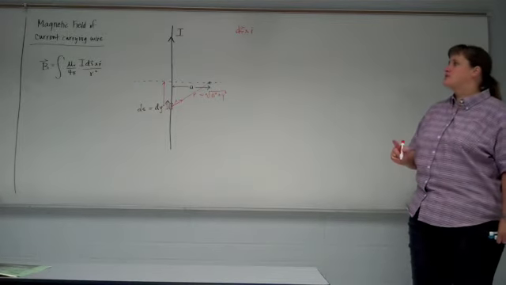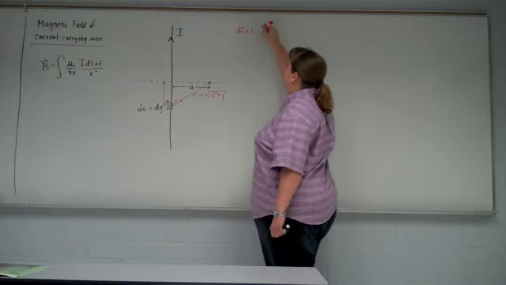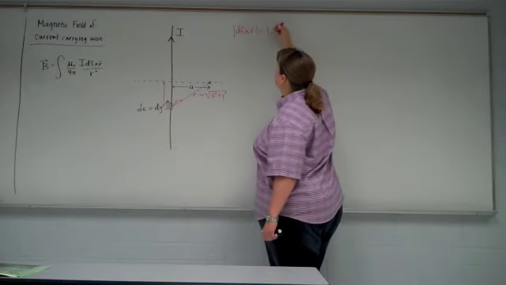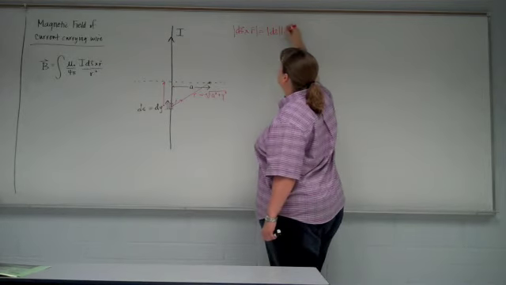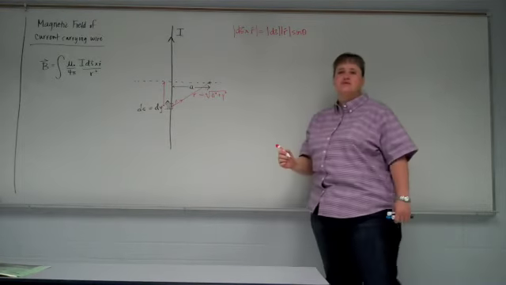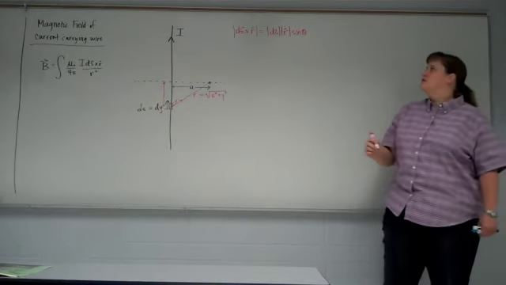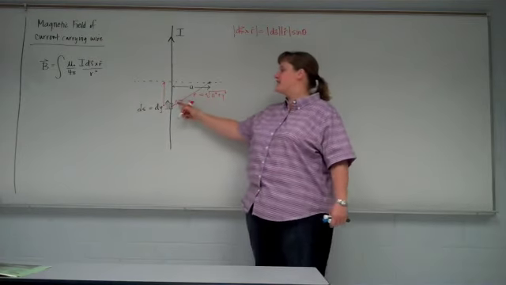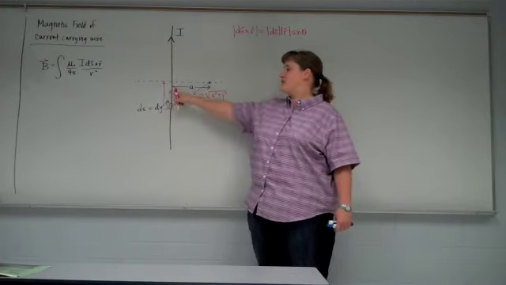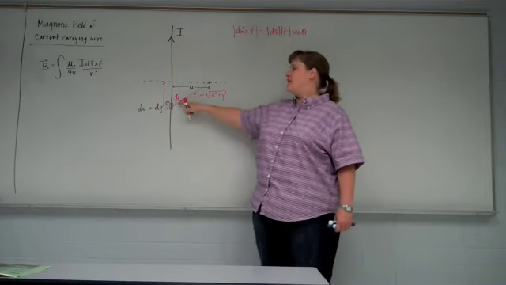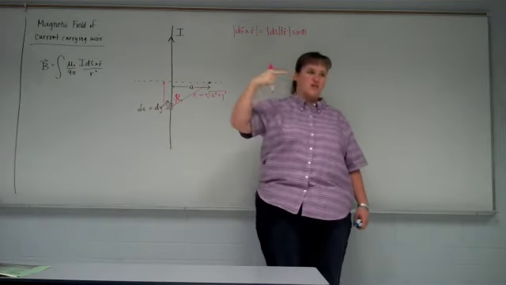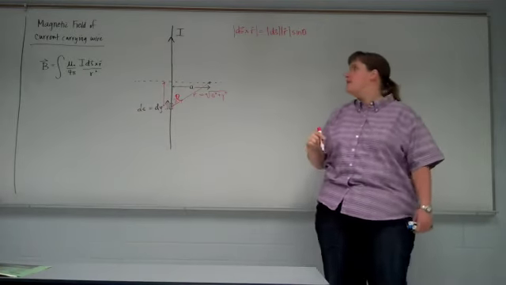If you remember with cross products, the magnitude of the cross product can be found by taking the magnitude of your individual vectors times the sine of the angle between the two. r hat sine of theta, if we use this theta, the angle between the ds and the r hat, sine of theta is going to give us that perpendicular component, the component that points away from the wire.